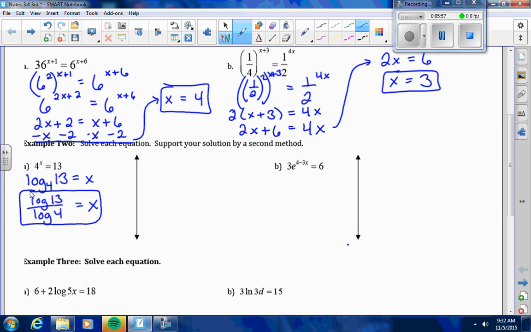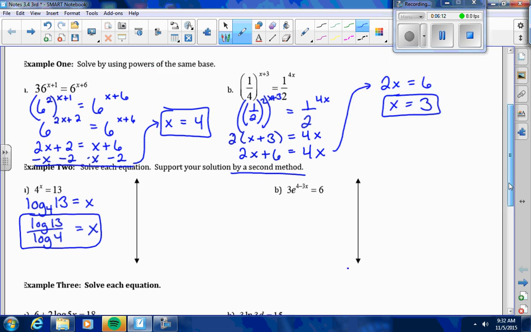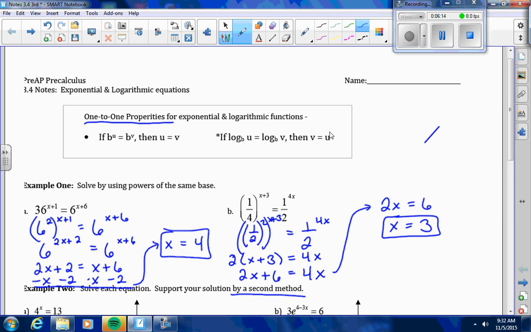Okay? Now, it says support by using a second method. So I want to show you a second method of how you could tackle a problem like this and solve it. Okay? And it's using this second property up above. If log base b of u equals log base b of v, then the u and the v have to equal each other. Well, what we have is a situation, 4 to the x equals 13.